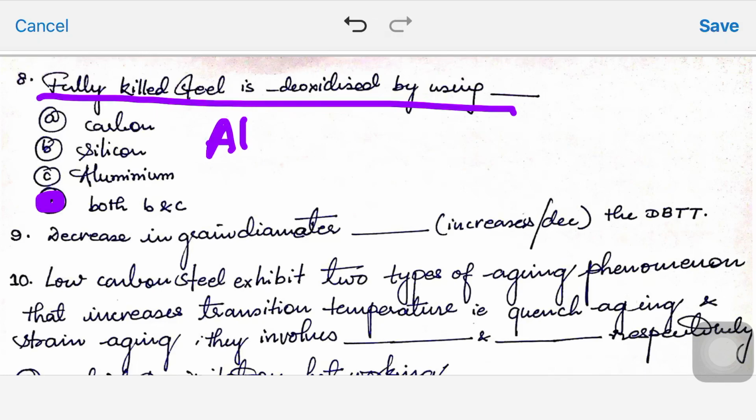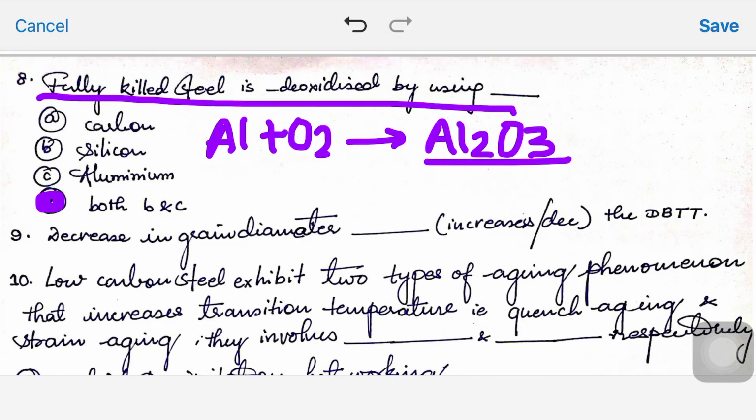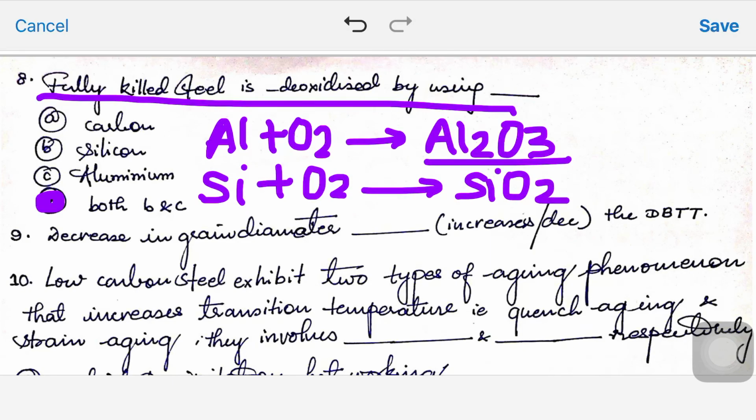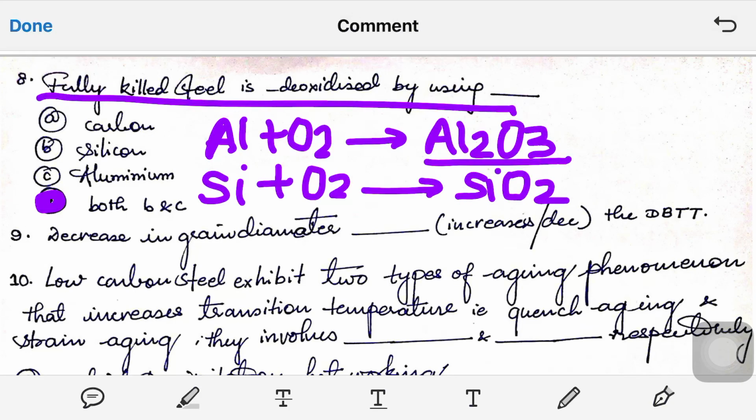Aluminum can also react with oxygen to form alumina, Al2O3, a very stable compound having very high thermal stability, and silicon will react to form SiO2. So both can deoxidize the steel, or remove the oxygen out of the steel. So option D is the best one.